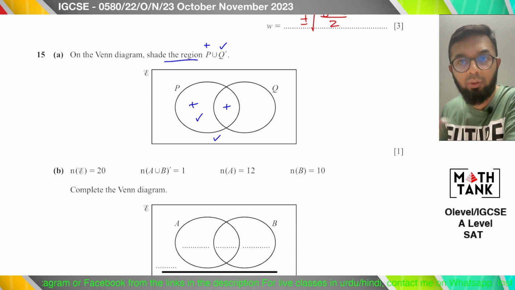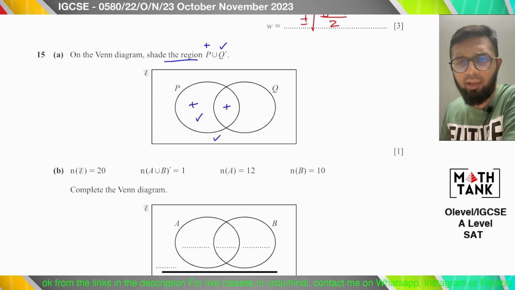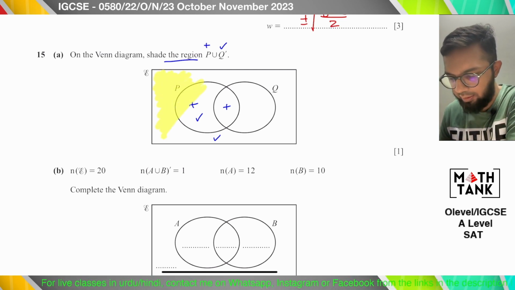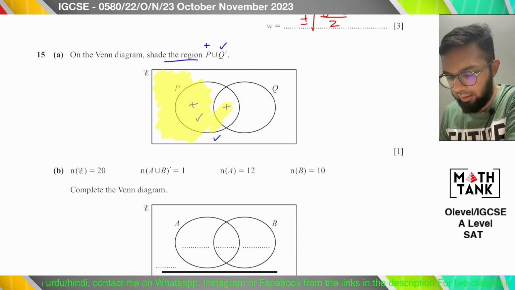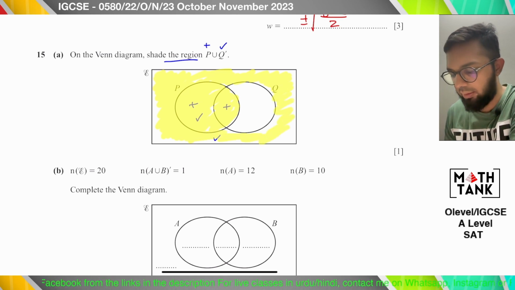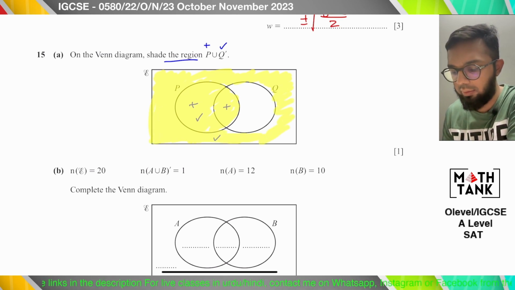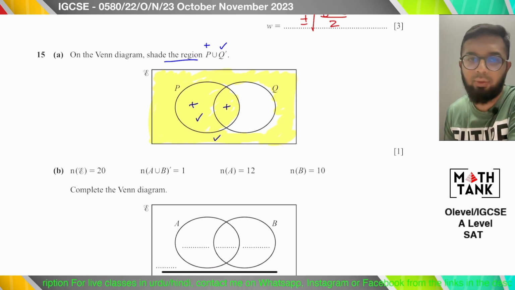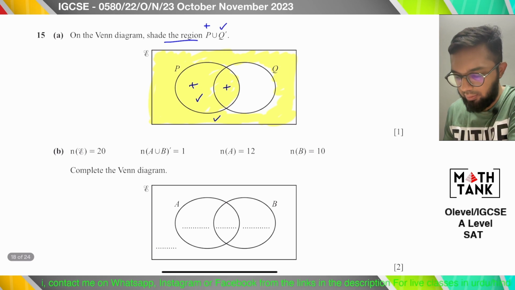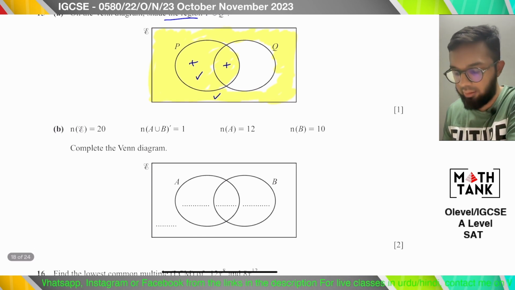I want to shade the union, which means that I want to shade wherever I've put out a symbol. So wherever I've put out a symbol is this area outside and this area up till here and this entire area outside because it's going to join with the other. Okay, so that should be your answer. Everything apart from Q prime. Everything apart from that area Q.